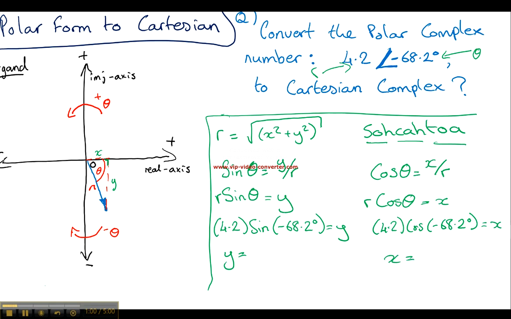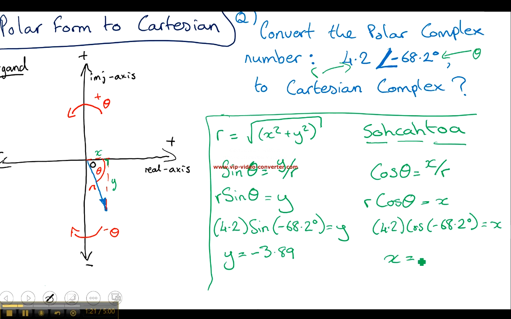So then that will give us two values. y will equal minus 3.89 and x will equal 1.56. And we get those two values.